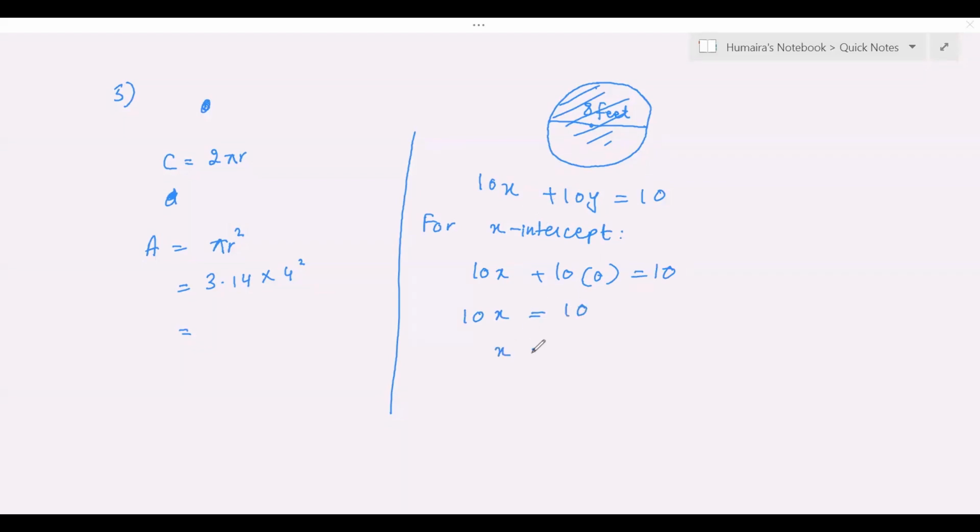X will be equal to 10 by 10, which is 1. The ordered pair always has the first value as x and the second value as y. We put y is 0, and we got x is 1. So it will be 1, comma 0. This will be your ordered pair for the x-intercept.